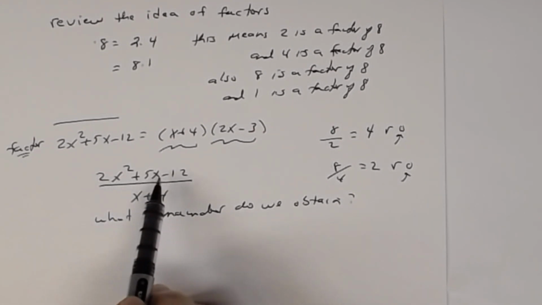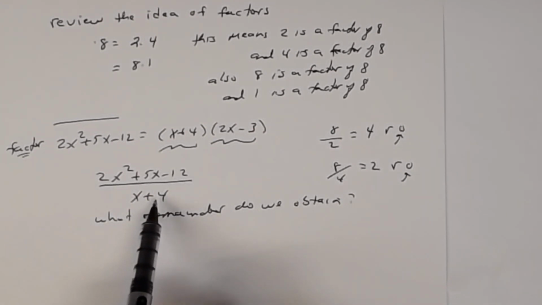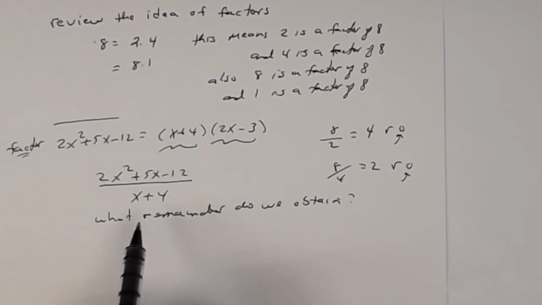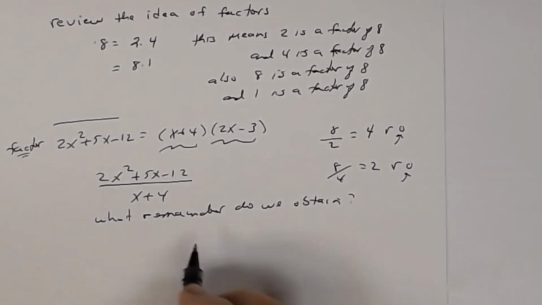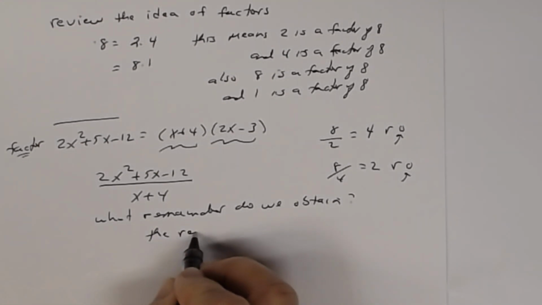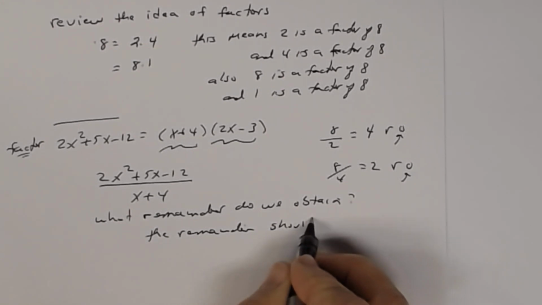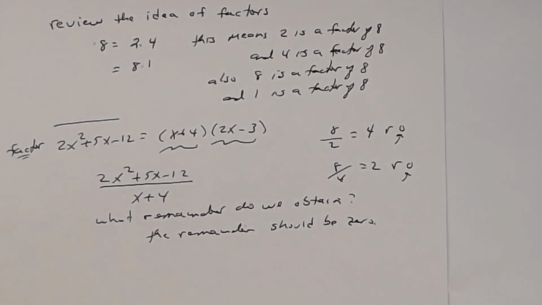So 2x squared plus 5x minus 12 must be divisible by x plus 4 because x plus 4 is a factor, right? If that's the case, what do you think the remainder is? Well, the remainder should be the same as these, right? The remainder should be 0.